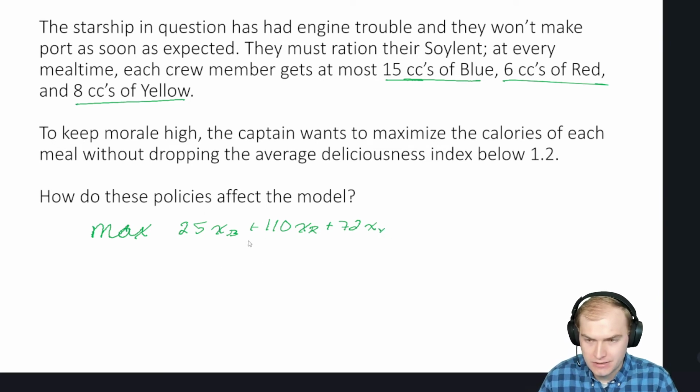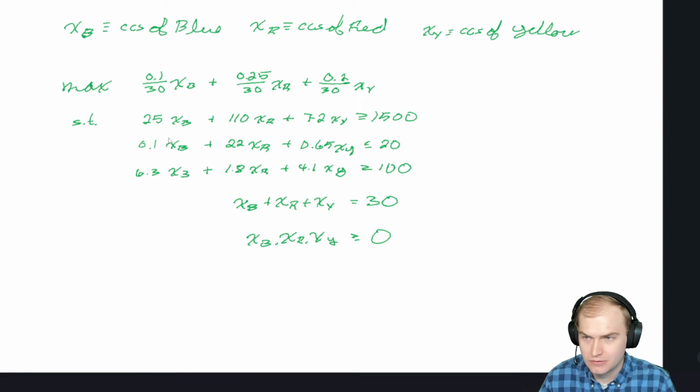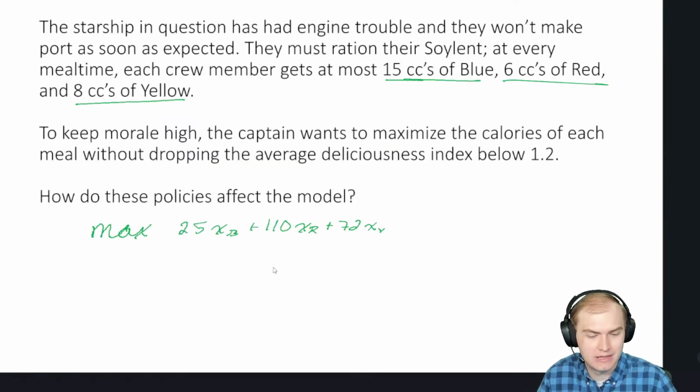So you'll recognize this equation from our first constraint here that was on the number of calories. But instead of capping it or bounding it, we want to maximize that number.